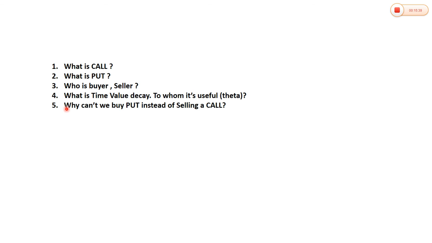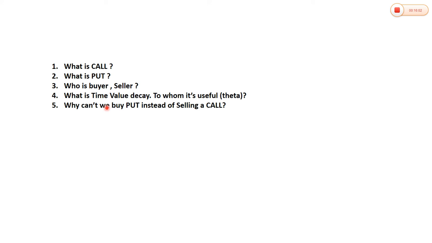For example, you are expecting the market to go above 27,000, the current trend is very fast and it's already reached 27,200, then the strike price will increase. That is the only case where we will buy the call. Similar for put also. If the downtrend is very fast and going steep, then you can buy the put.